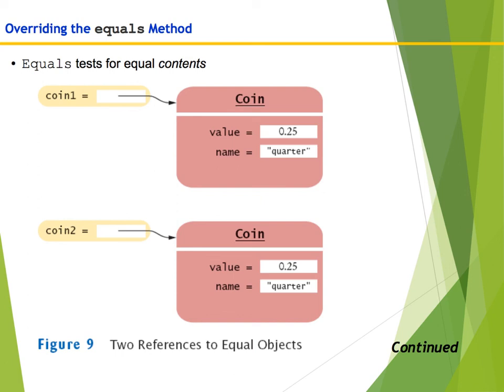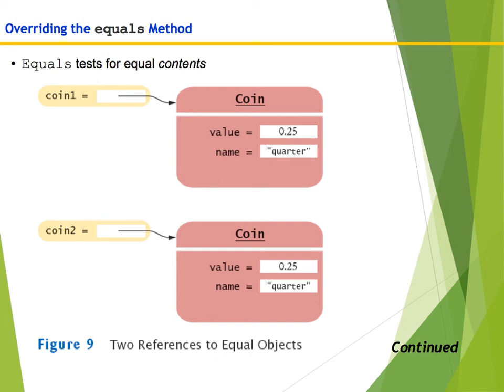The implementation of the equals method in the Object class is not that smart. In this case, if you call the original implementation of equals in Object and you don't override the equals method in the Coin class, then it simply returns false when you test coin1 and coin2, because coin1 refers to a different cell of memory than coin2.